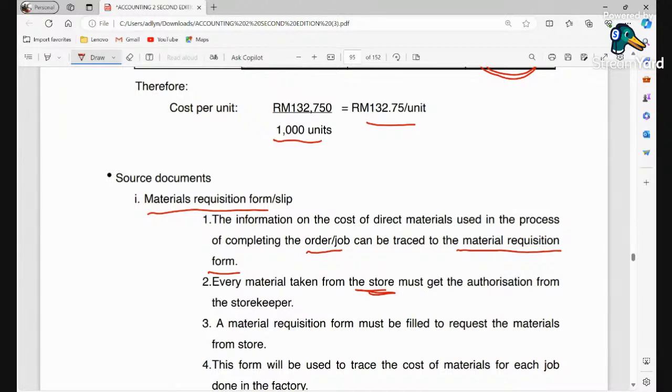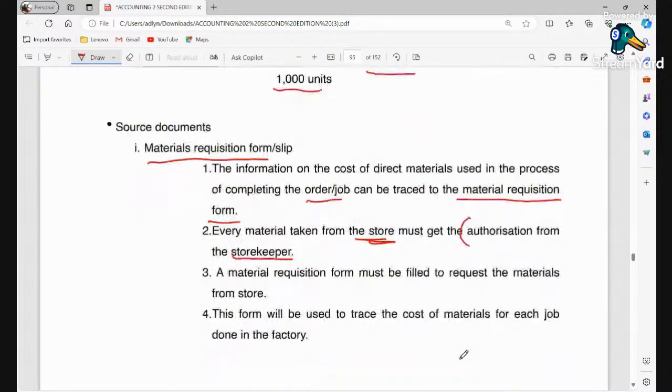So same thing here, material, if you are going to take the materials from the store, okay, you need to fill up the material requisition form and then get the authorization from the storekeeper. Okay, so kita kena isi borang tersebut, okay, dan nyatakan apakah atau berapakah bilangan bahan mentah yang kita perlukan. Okay, bergantung pada jenis bahan mentah lah.